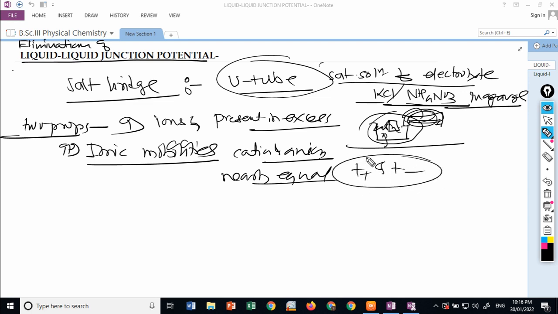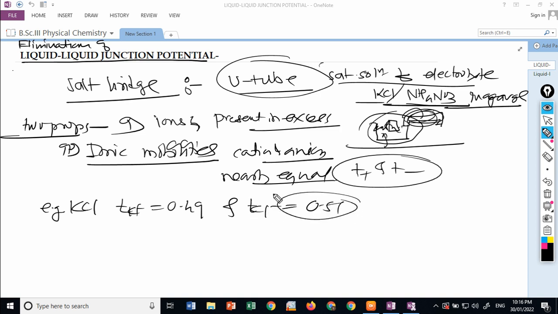These are the transport numbers of positive and negative ions respectively. So these must be almost equal. For example, in the case of KCl, the transport number of K+ is equal to 0.49, and the transport number of Cl- is equal to 0.51. So these are nearly equal.